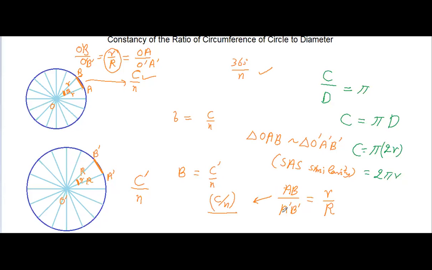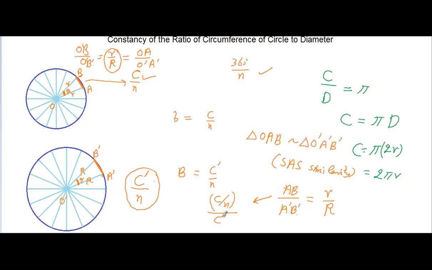And this is divided by A dash B dash. A dash B dash is just equal to the arc A dash B dash. If the circumference of the larger circle is C dash, and we have made n equal parts of that, then arc A dash B dash is C dash by n. And the straight distance, the side of the triangle, A dash B dash is just the same.